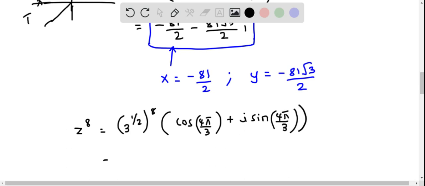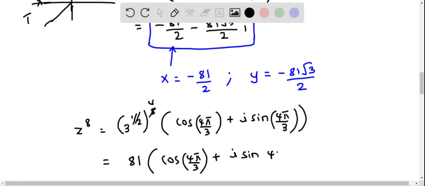When we simplify, these two get multiplied and we get 3 power 4. So basically we get 81 times cosine of 4 pi over 3 plus i sine 4 pi over 3.